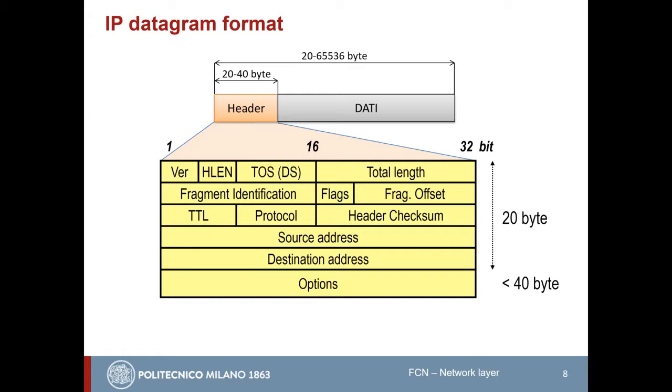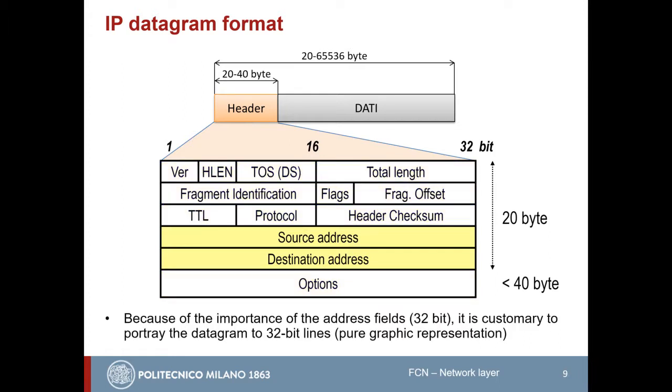So each line is 4 bytes long, and you have in the basic header 5 lines, so 5 rows. This makes 20 bytes as a minimum length. Now we are going to go through all the fields and I will explain the function of each of these fields.